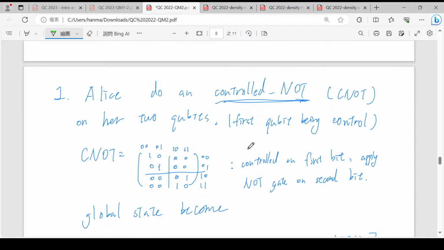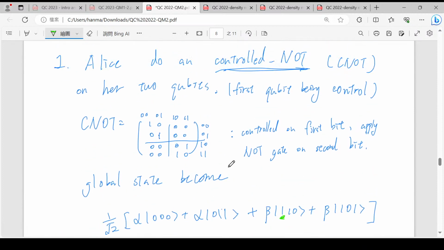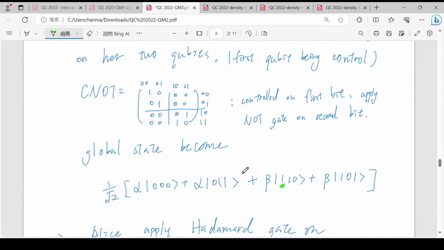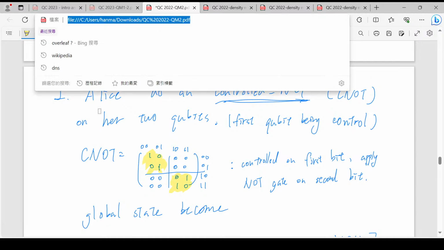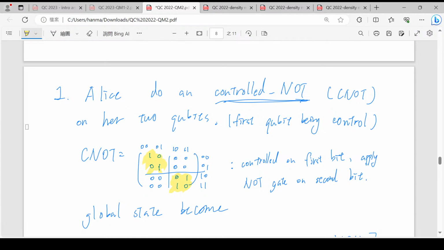Okay, so here we have the definition, but it's easier to memorize it as the classical interpretation of it. Okay, so it's a controlled NOT gate. Okay, and NOT gate is also a gate. So what does it do? Basically, it has a very classical definition on computational basis states.